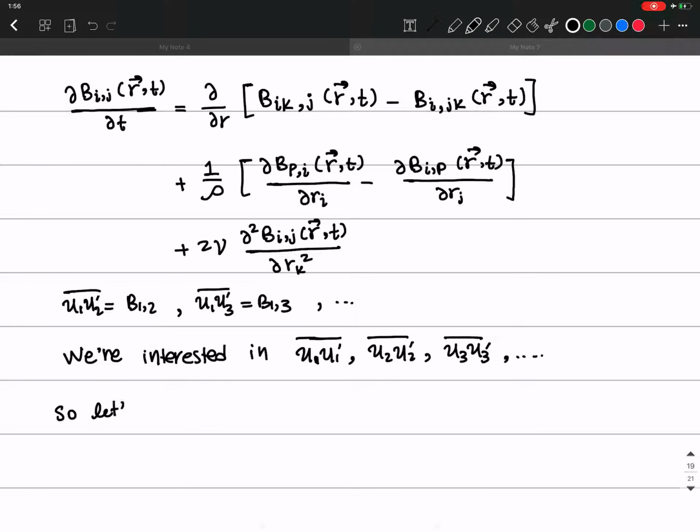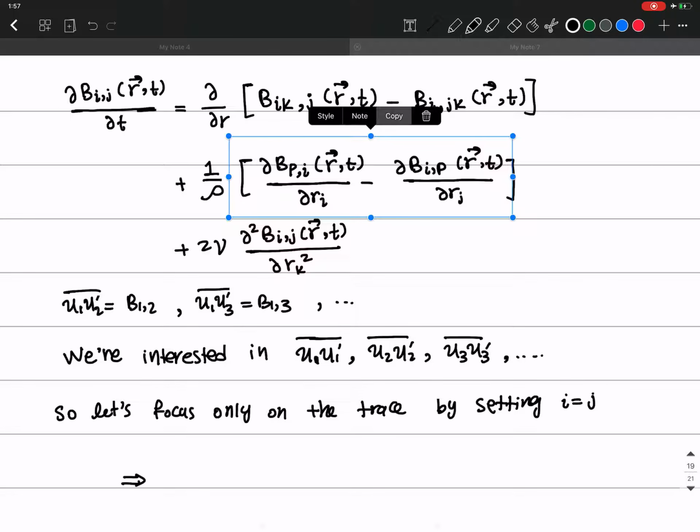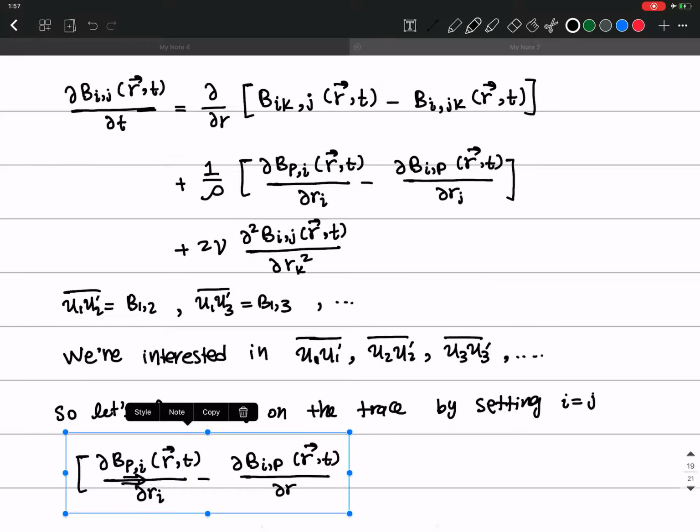So let's focus only on the trace of the Reynolds stress tensor by setting i equals to j here. If we set i equals to j, then things are going to be much simpler. And one thing that we immediately find is that the pressure term is going to drop. Why? Because here we have the pressure term, right? So let's write it down.